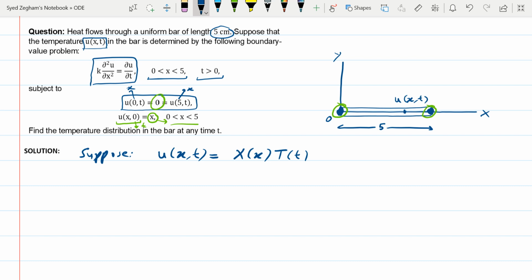Capital X is a function of x and capital T is a function of t, where small x is the position and small t is the time, right?